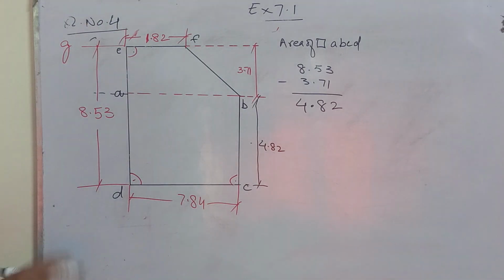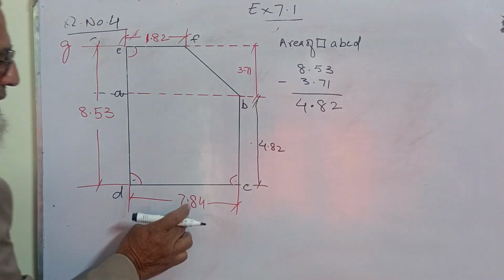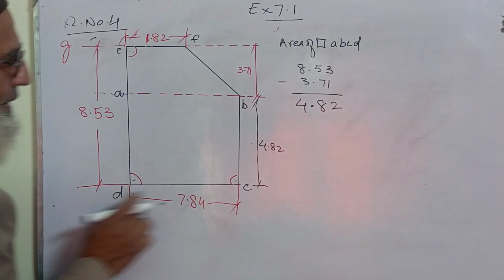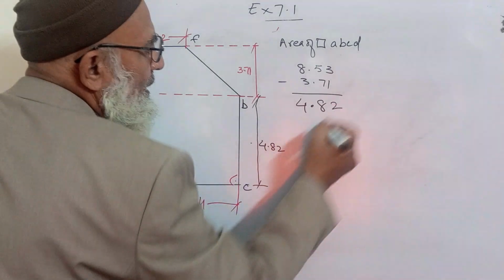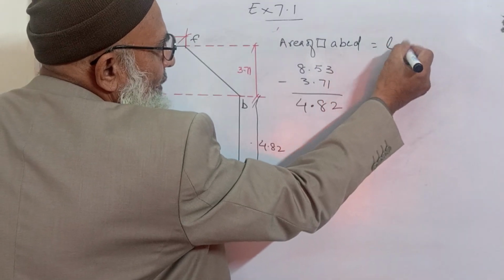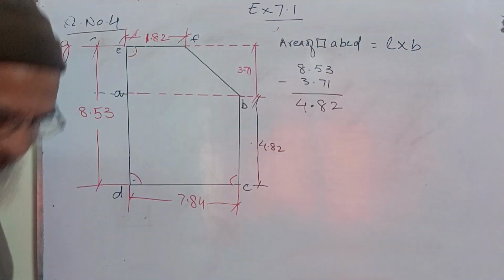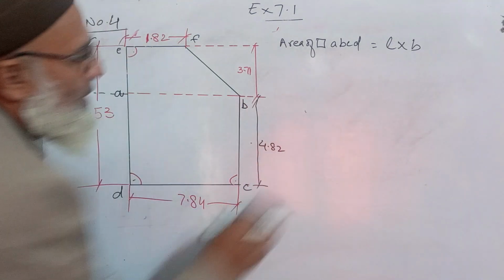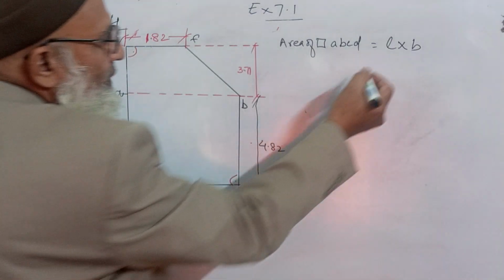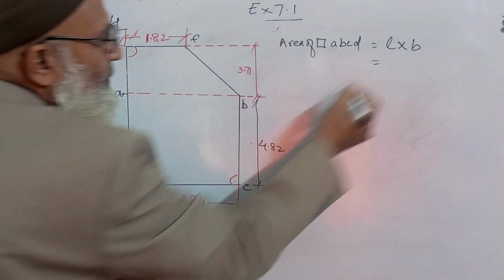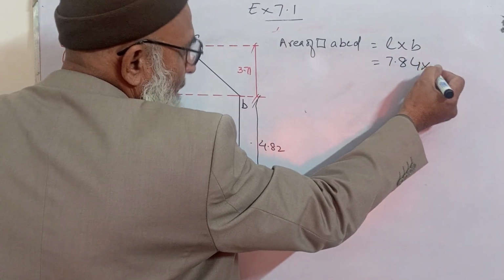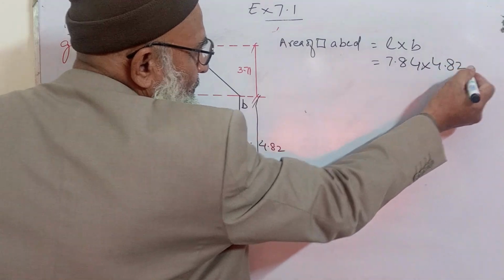Understood? Now you see that this is a rectangle ABCD. So you can easily do length into breadth, and the length is 7.84 and the breadth is 4.82.